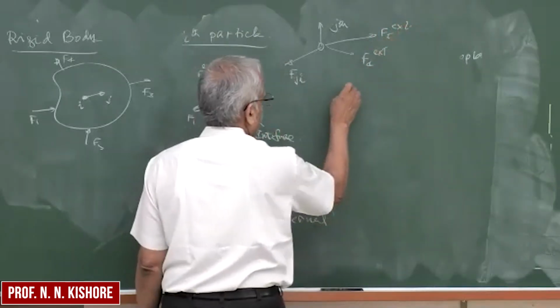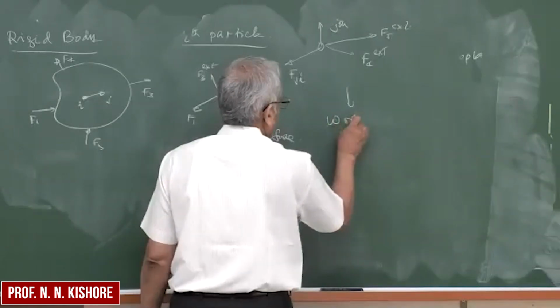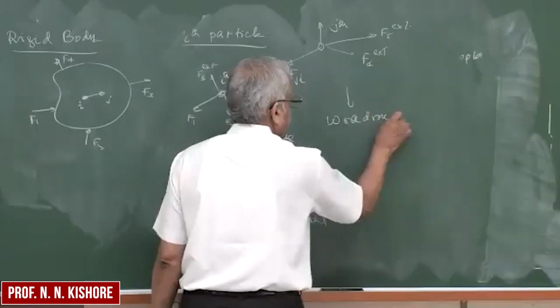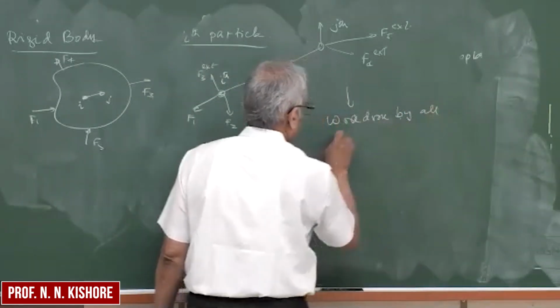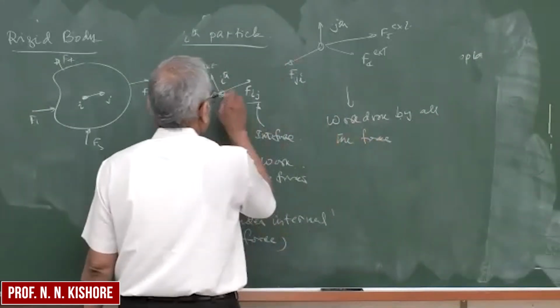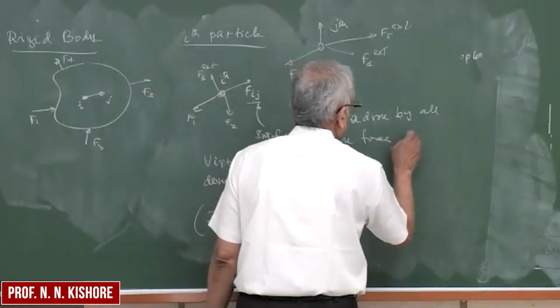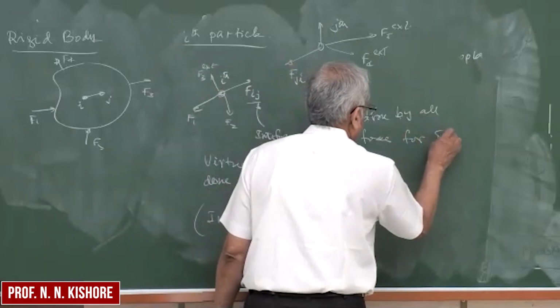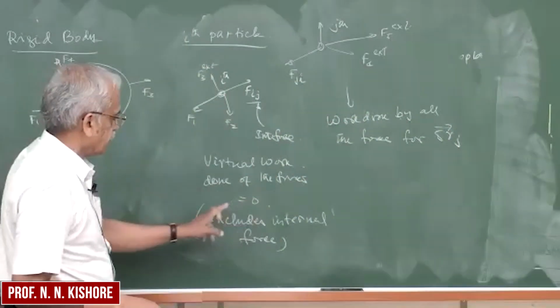So here also the work done by all the forces, delta Ri for delta Rj displacement. So here is the total work done by the forces.